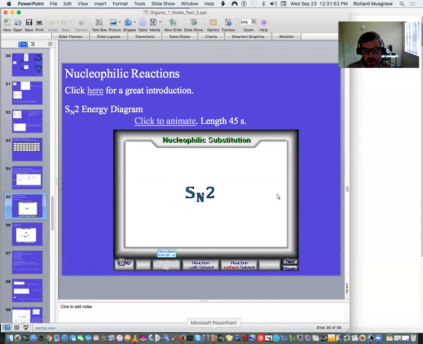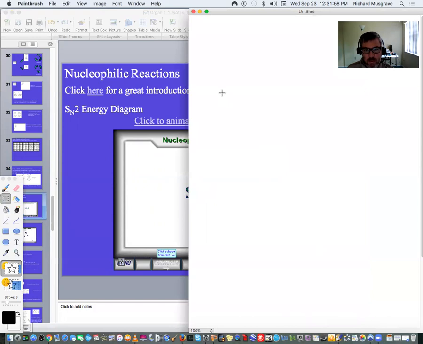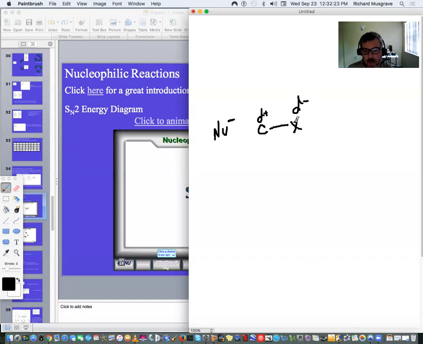When I'm talking about nucleophilic reactions, I'm talking about this kind of situation where we've got a C, then attached to that we've got some sort of X group, and then we have this thing coming in, which I'm going to call a nucleophile, which is usually going to have a negative charge on it. The carbon connected to the leaving group will generally have a partial positive charge.